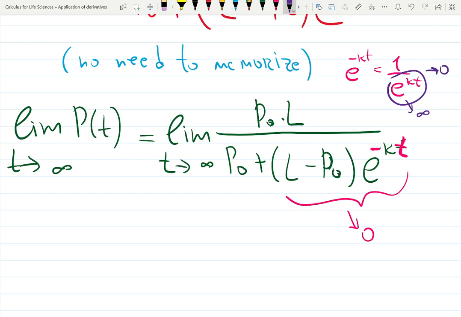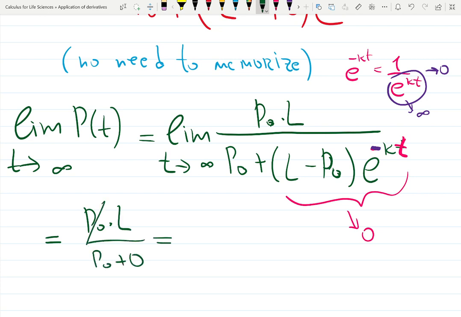Make sense? Anytime you see a negative sign in the exponential function, you should know it shrinks when t is large. So the whole thing shrinks to 0 except the numerator, P sub 0 times L over the denominator, which is P sub 0 plus 0.